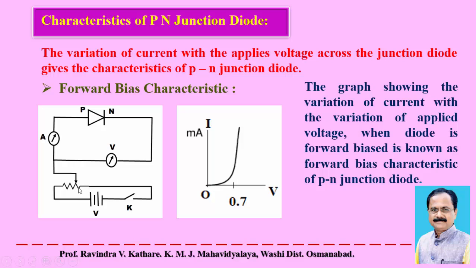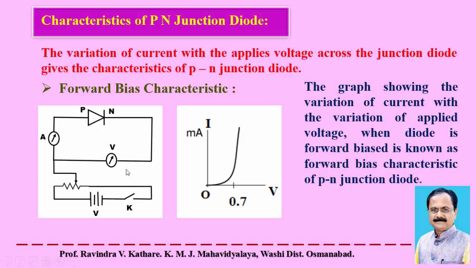When we vary the rheostat, the forward voltage applied across the p-n junction diode slightly increases, then the depletion layer width goes on decreasing, the resistance of the junction decreases and slightly the current increases, or a small current flows through the diode.